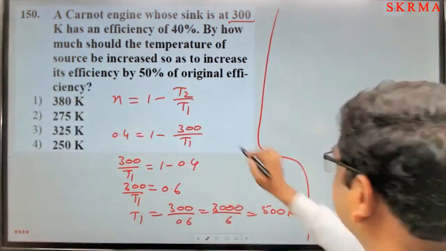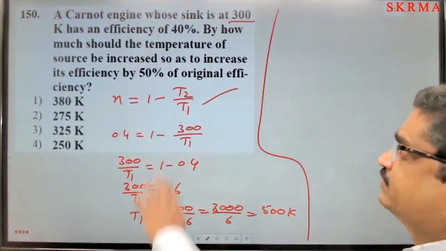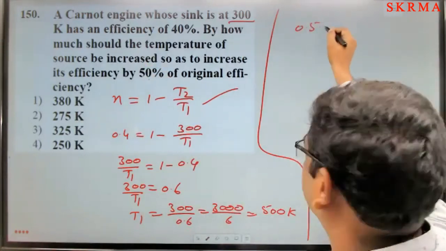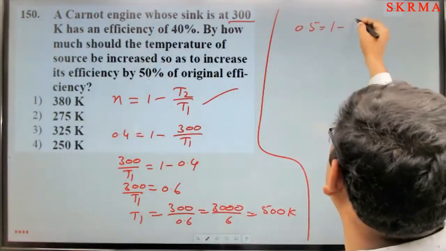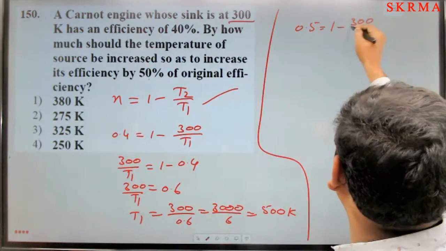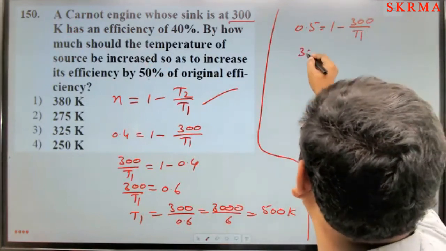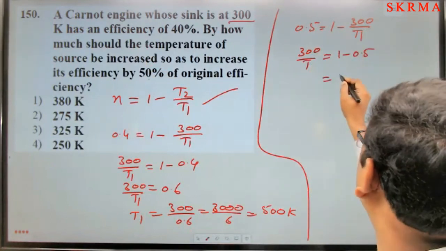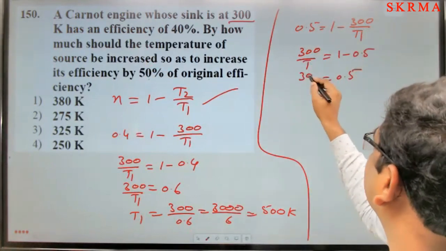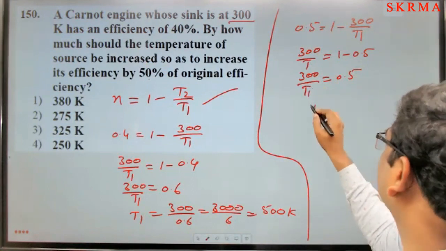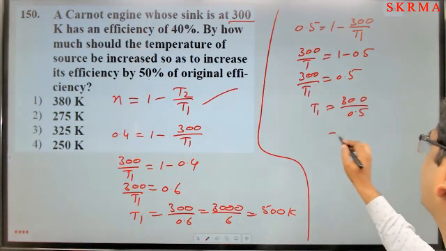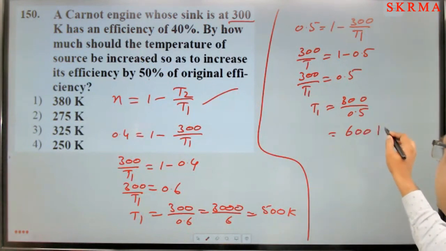Next, apply the same condition for the second efficiency, 50%. So 0.5 equals 1 minus 300 by T1, so 300 by T1 equals 0.5. Now T1 equals 300 by 0.5, that equals 600 Kelvin.